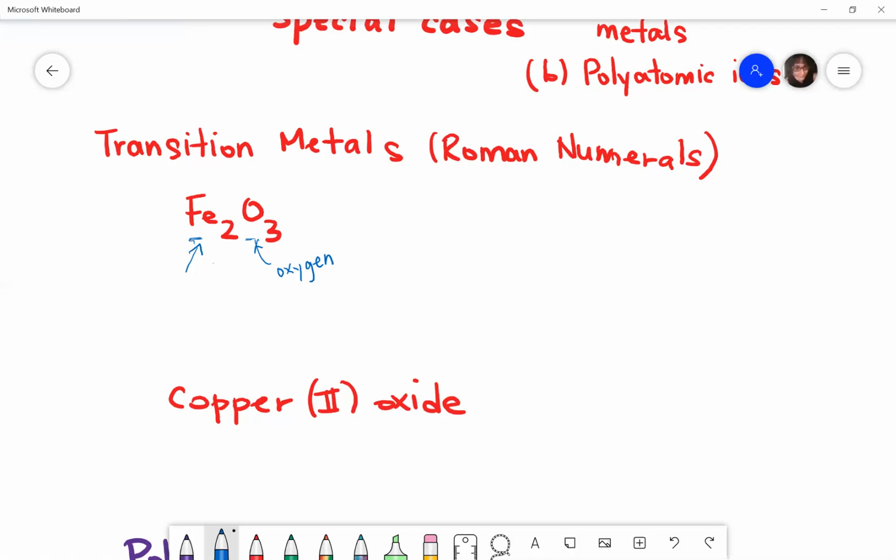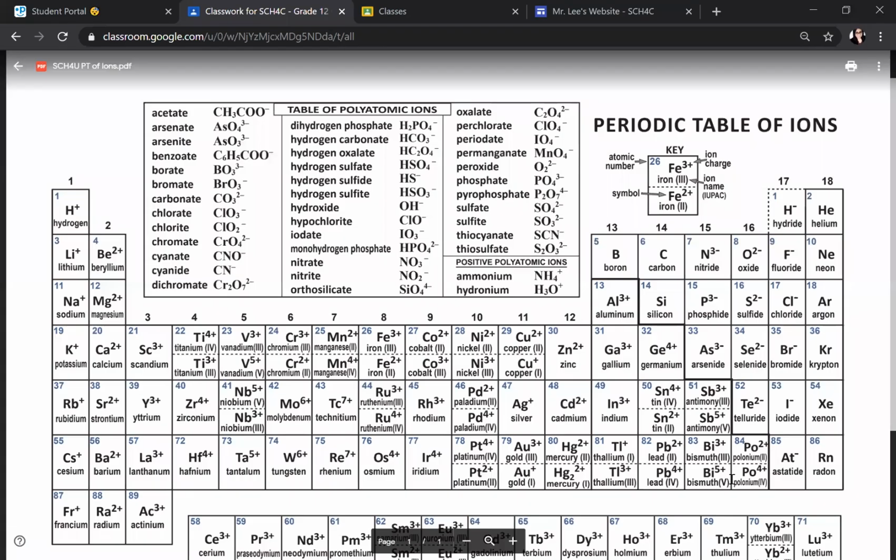So if we go back to our periodic table, you're going to look here and search for Fe. So Fe is right here. What you're going to notice is that there's two charges for the iron. There's an iron 3 plus and an iron 2 plus.